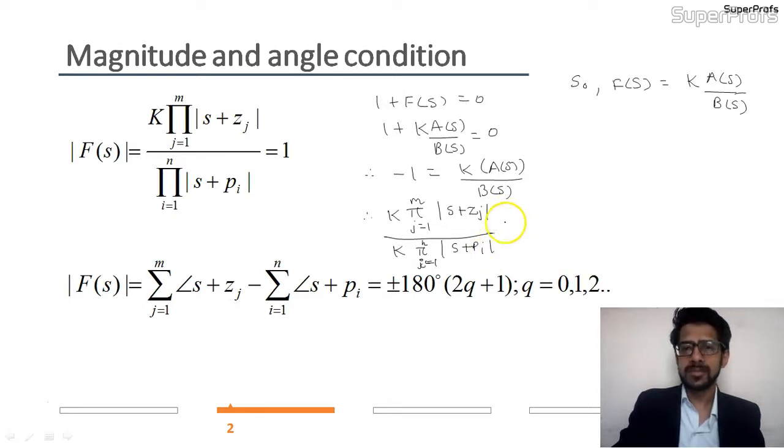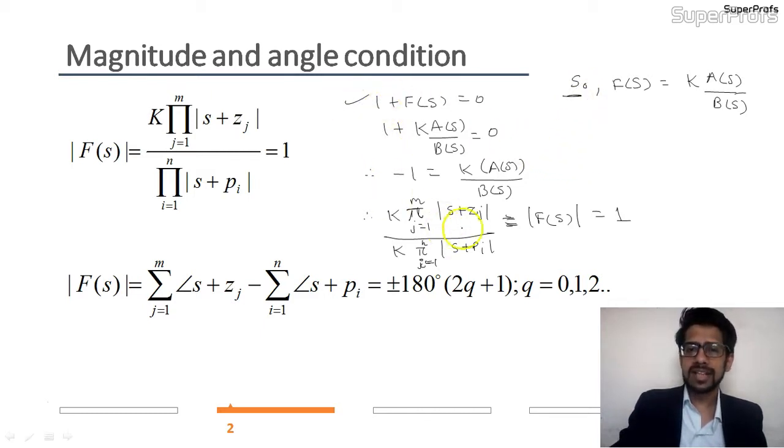The product term in the numerator represents the product of the different zeros, and the term in the denominator represents the product of the different poles. We get magnitude of f of s equal to 1. So for any s naught to satisfy this characteristic equation, it has to follow this magnitude condition.